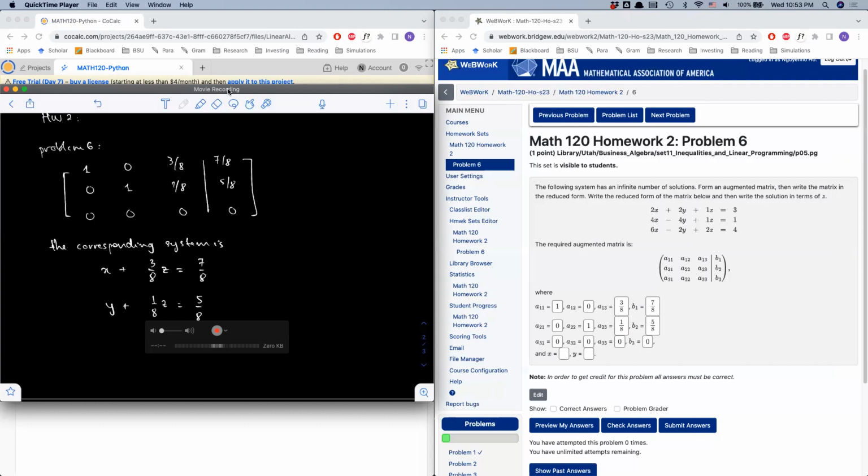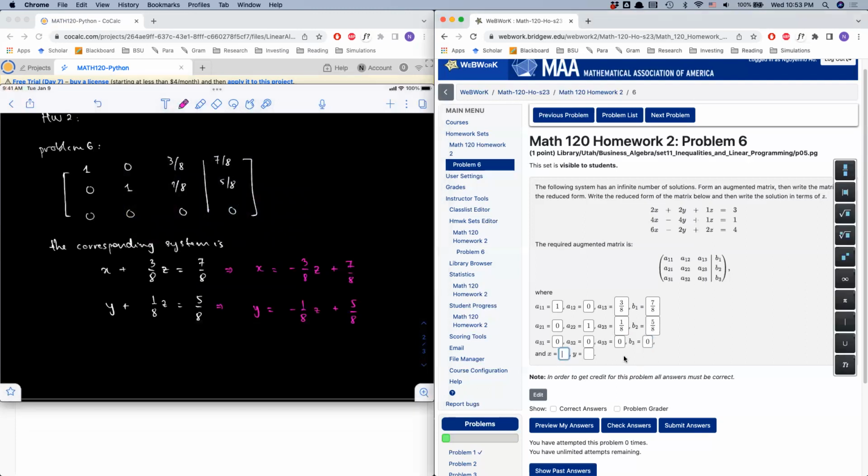All right, and again, from here, you solve for X in terms of Z. So you have X equal to -3/8 Z plus 7/8, and Y is equal to -1/8 Z plus 5/8. All right, so input these solutions here.